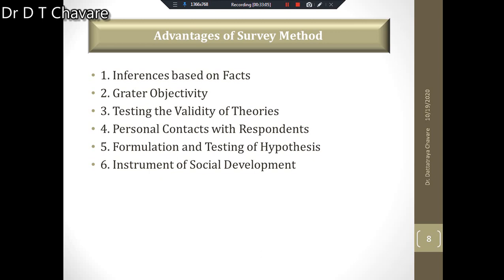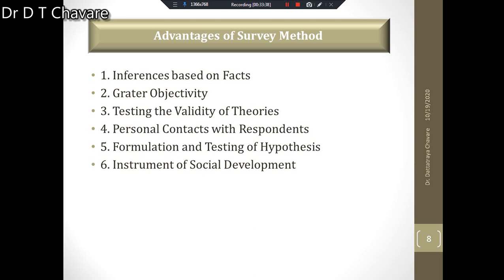They bring to light a number of problems at a grassroots level that would have never come out through pure theoretical analysis, and thus it leads to formulation and advancement of theories. At a more advanced stage, survey research also helps in putting the hypothesis to test. It means that formulation and testing of the hypothesis is also possible with the help of this survey method.